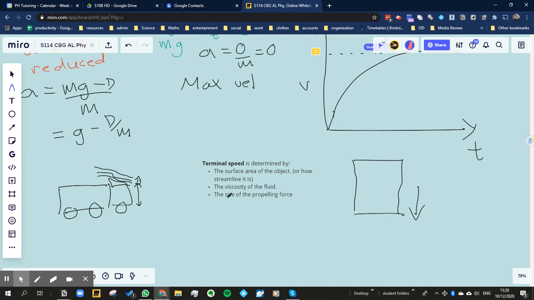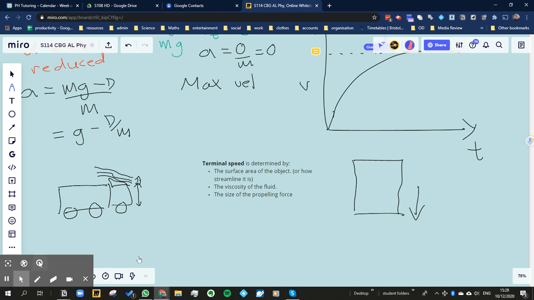So if a Ferrari is driving along with the foot halfway down the accelerator, it will have a terminal speed. But once you put your foot further down on the accelerator, then it will have a new terminal speed. So the specific terminal speed depends on these factors, and if you change them, you'll get a new terminal speed.